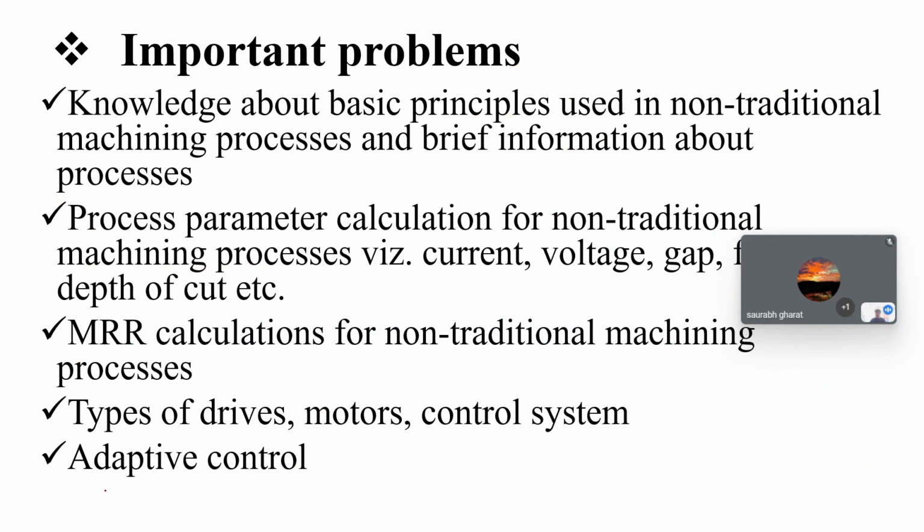And the knowledge about the basic principles used in non-traditional machining processes, and brief information about the processes. So knowledge you must have, basic principles you should work on, and brief information.